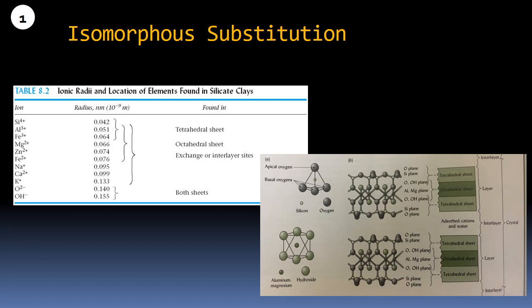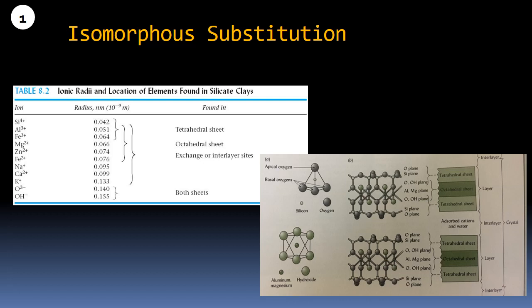So if you look at the table up here, you would see that at the tetrahedral sheet, silicon and aluminum and iron are almost the same size.